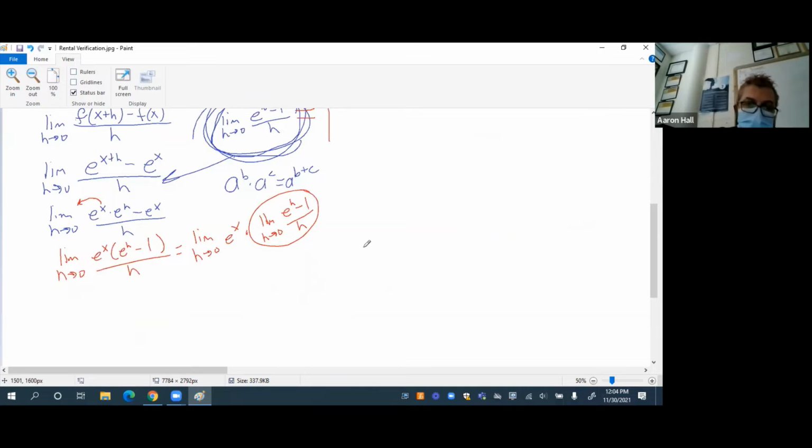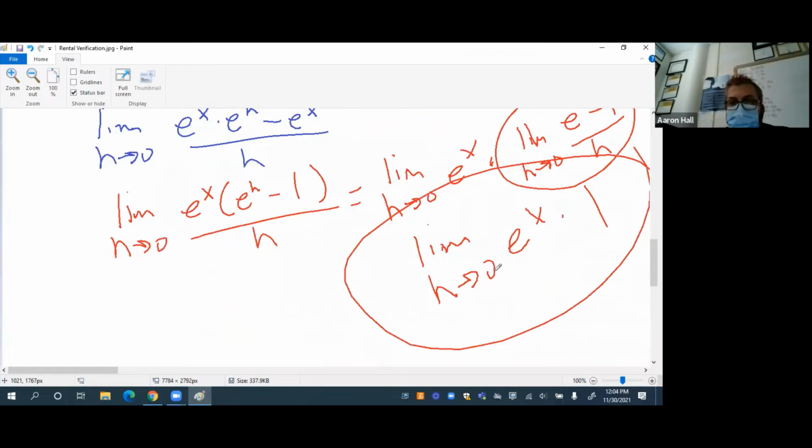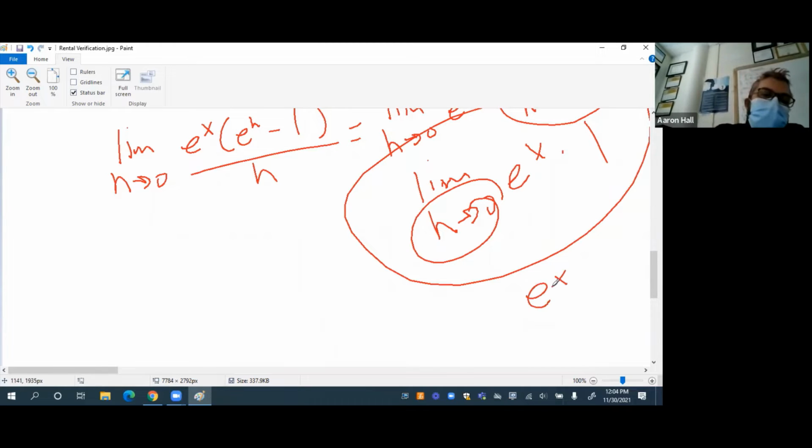So this would be the limit as h approaches 0 of e to the x times 1, which becomes what? Yeah. We get e to the x. Because I can't plug an h in there, so that is my answer. My answer for this is e to the x.